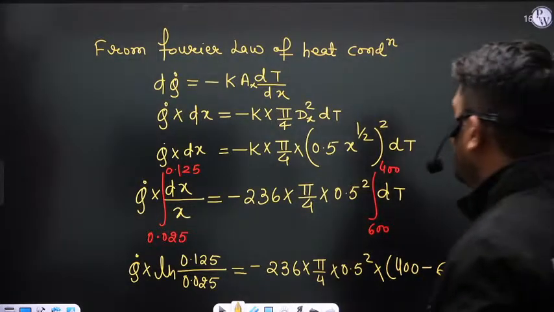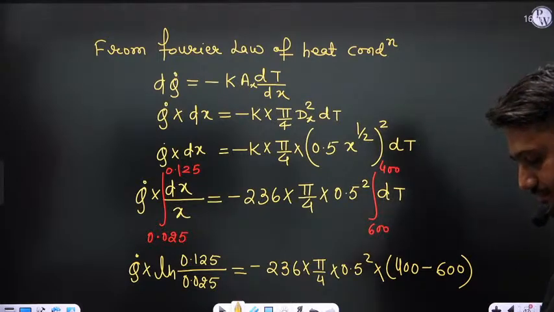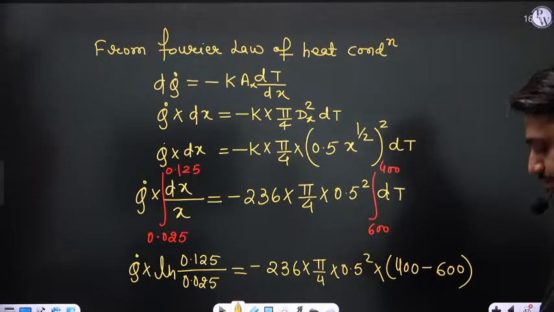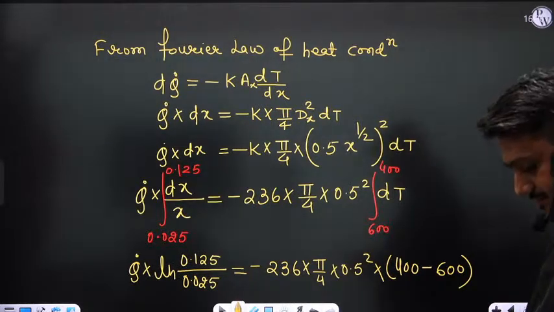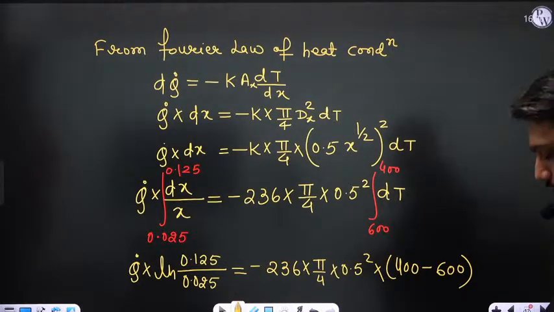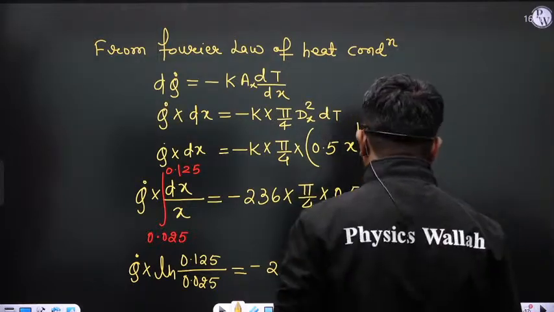This is 236 into 0.785 into 0.5 square into 200, and this is ln of 0.125 divided by 0.025.